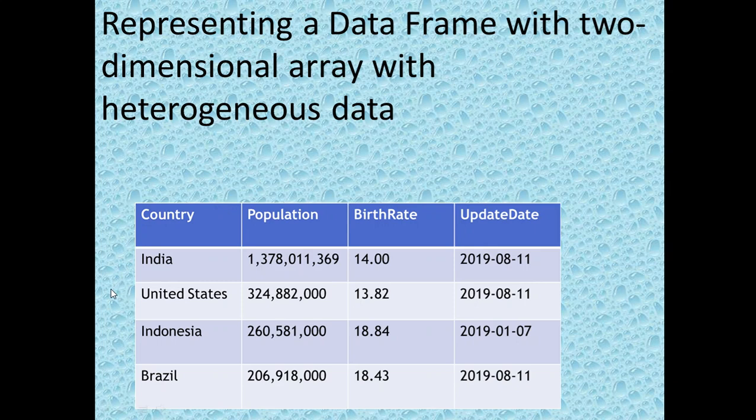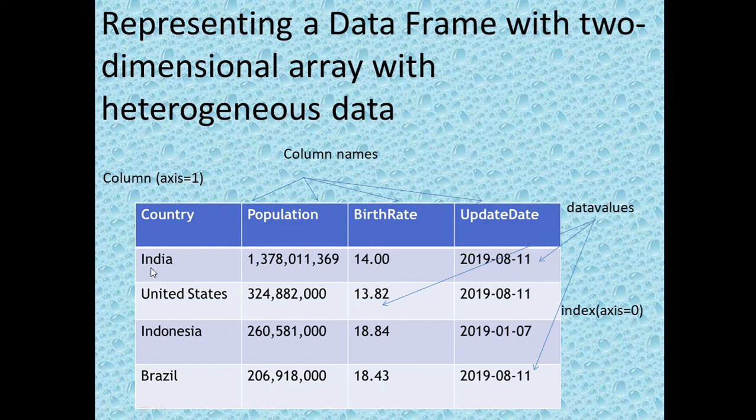Rows will be represented by the index, where the axis is 0, and columns will be axis 1, which I have shown through the arrows. So column means axis 1 and rows means index, axis equal to 0.